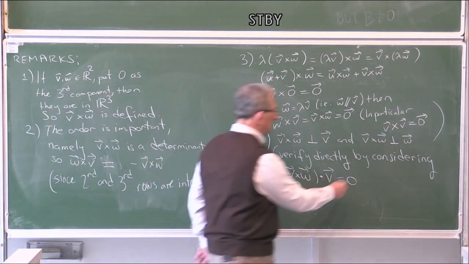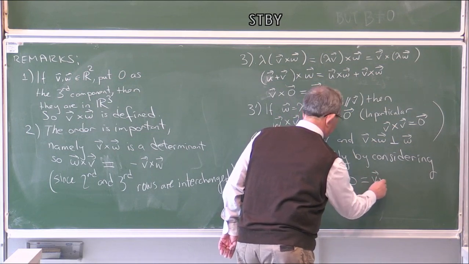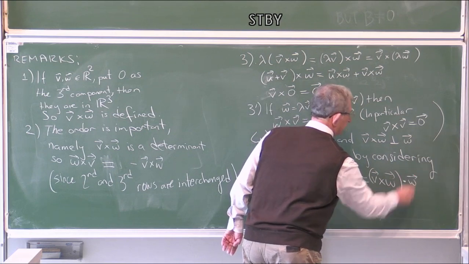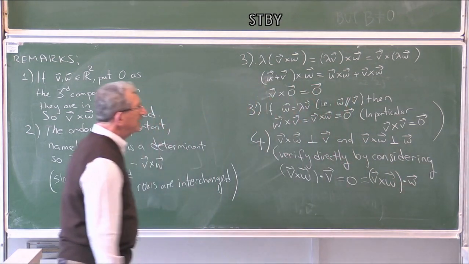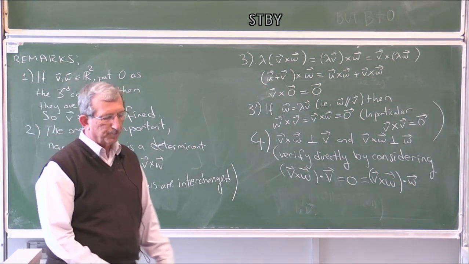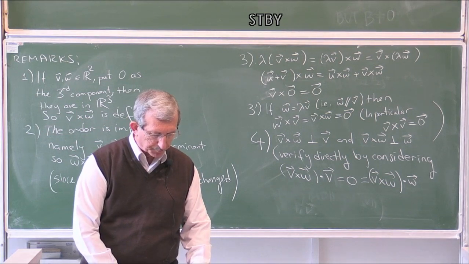And similarly, this is the same as V cross W dot W. This is independent of the values of V or W. It's always so.